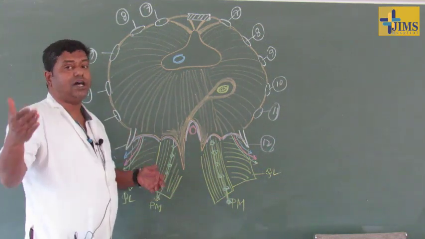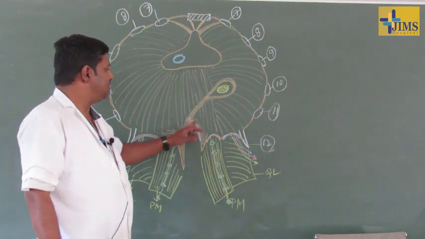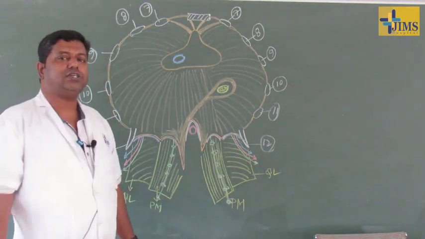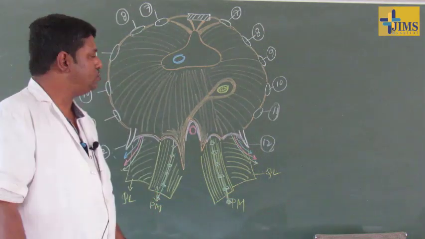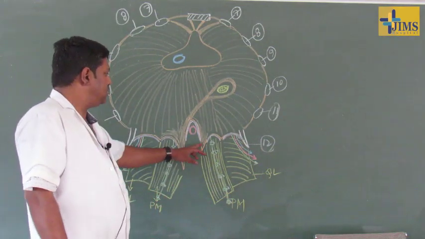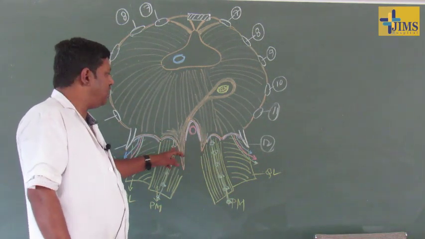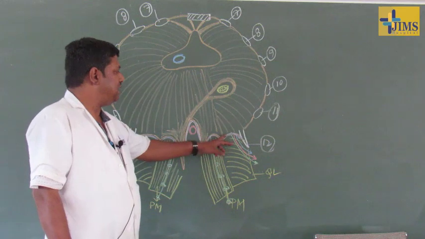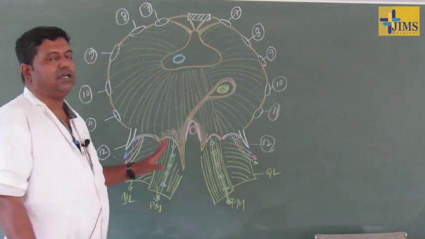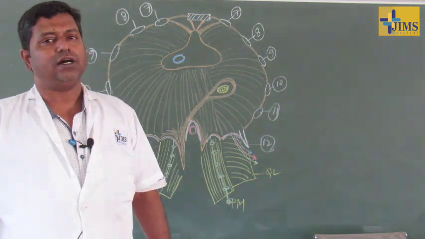And last but not the least, perhaps the most important, is the vertebral origin. The vertebral origin can again be divided into origin from the lumbar vertebra, origin from a pair of medial arcuate ligaments, and origin from a pair of lateral arcuate ligaments. This is all about the origin of the diaphragm.